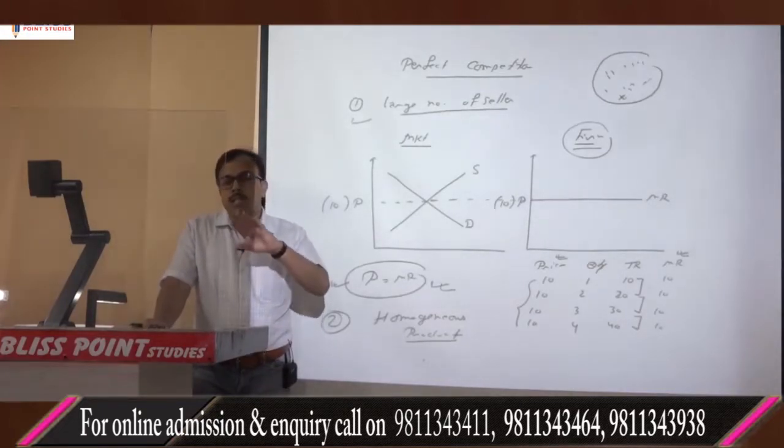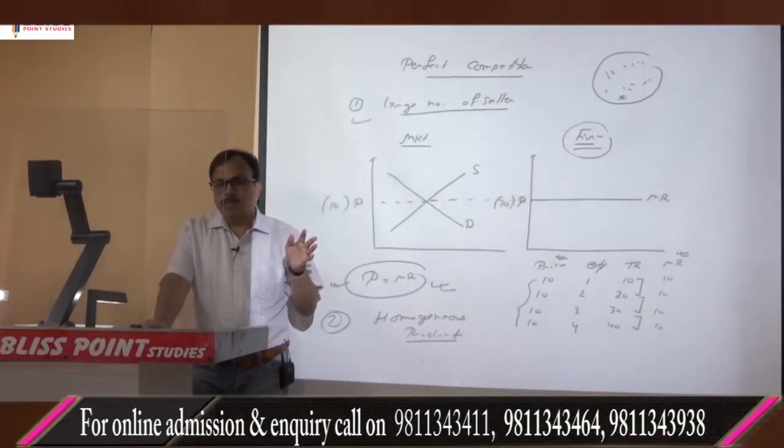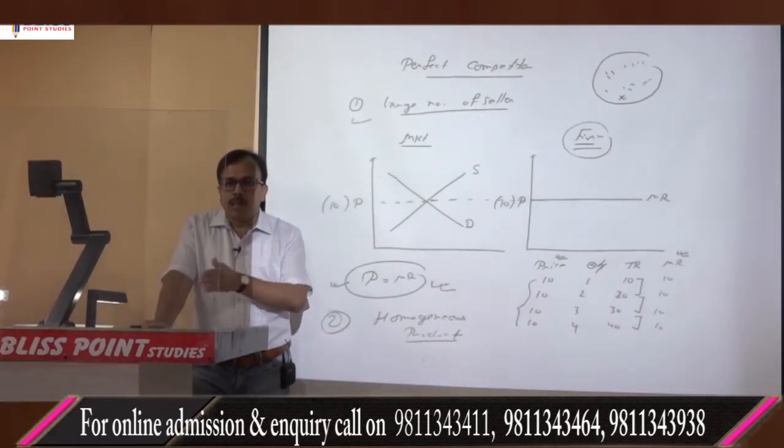We are just imagining that there is a market where there are a large number of sellers, all sell the same good, the same product. Then what will be their behavior? And we study perfect competition market because in reality perfect competition does not exist. In reality there is imperfection, but how much is the imperfection in the market?